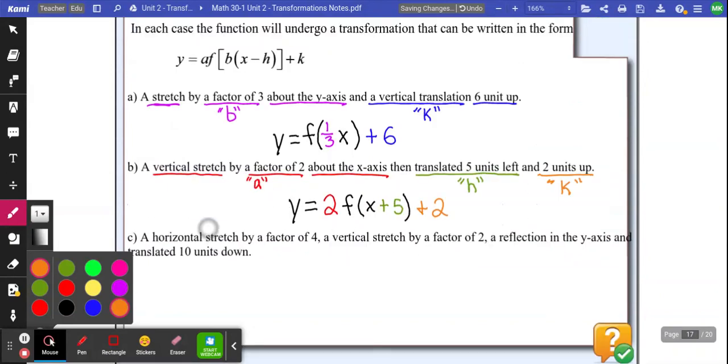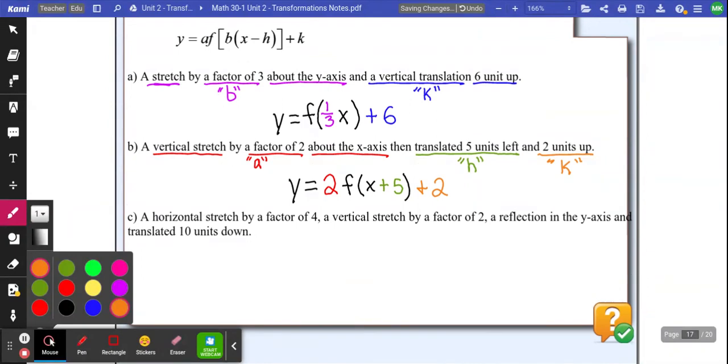Do your vertical translation, plus 2. Gorgeous. Last one. We have a horizontal stretch of 4. Horizontal is talking about the B value. A vertical stretch of 2. That's talking about your A value. A reflection in the y-axis.